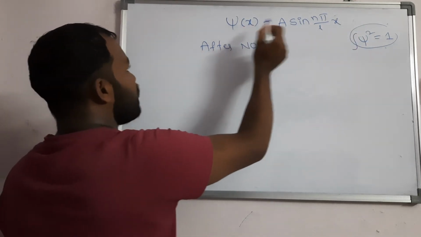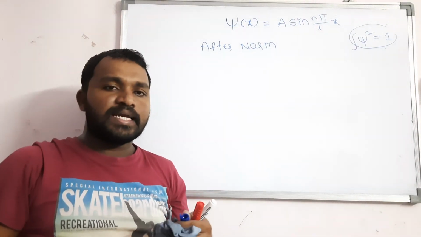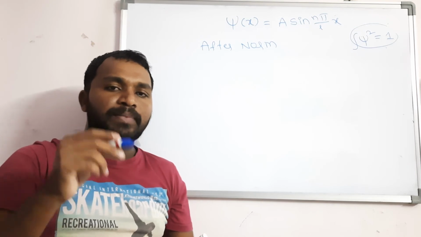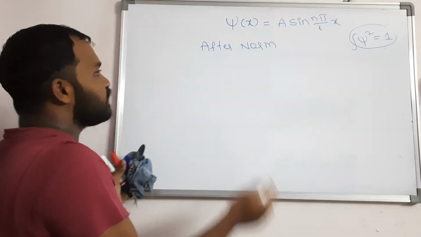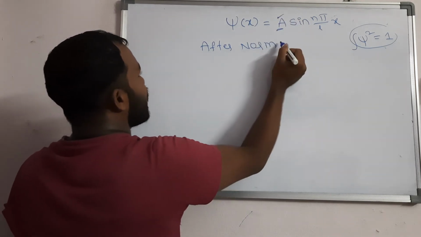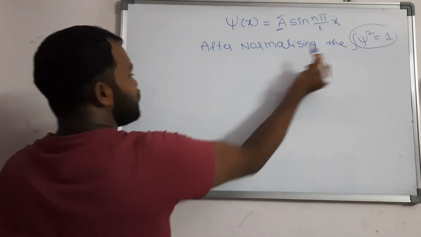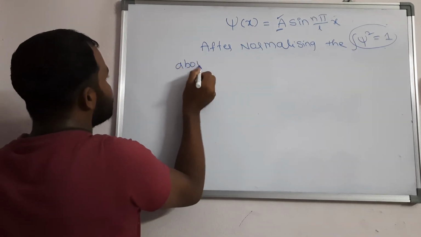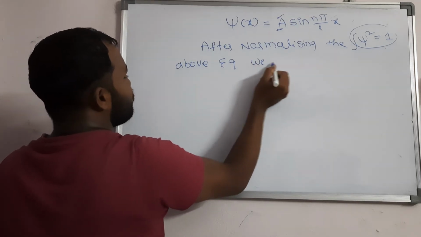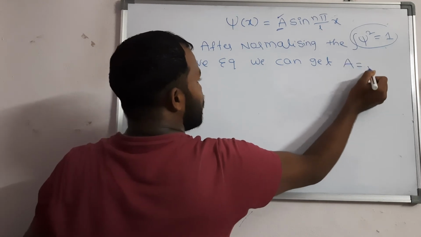Psi of x is a sin n pi by l into x, and psi again is a sin n pi by l into x, so you will get a square into sin square n pi by l into x. If you substitute that, you will get the a value. After normalizing the above equation, we get a is equal to root 2 by l.